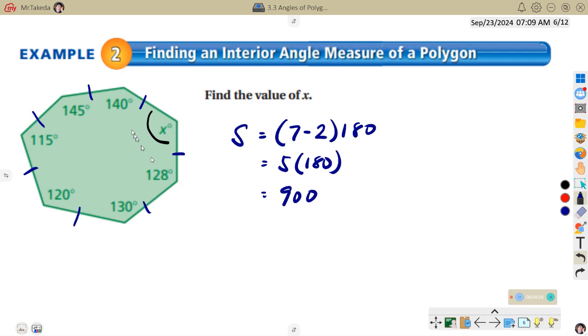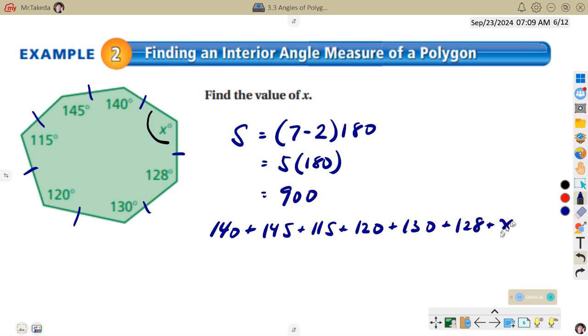So I'm going to start here and work my way counterclockwise. 140 plus 145 plus 115 plus 120 plus 130 plus 128 plus x equals 900. Okay, and then we're going to simplify all of these numbers. Let me put a line through here because these are two separate parts, right? This gets us that first question, the unknown total, and now we can use that total. So I'm putting a line through there.